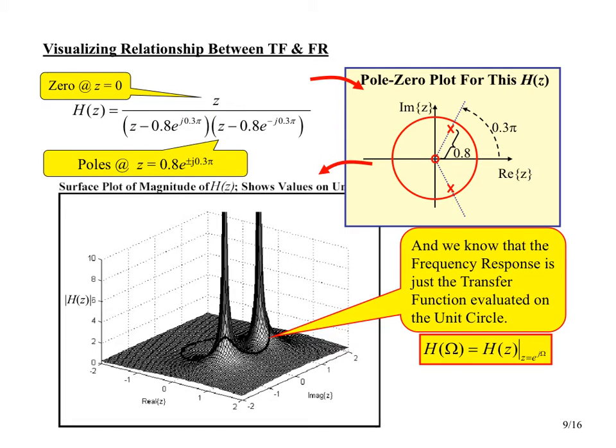So we've got that pole zero diagram, and then we can imagine plotting the magnitude of this transfer function over the z-plane. And we have to imagine that the poles are going to be pulling this surface up to infinity, and we can see those two things going up to infinity at the appropriate places.